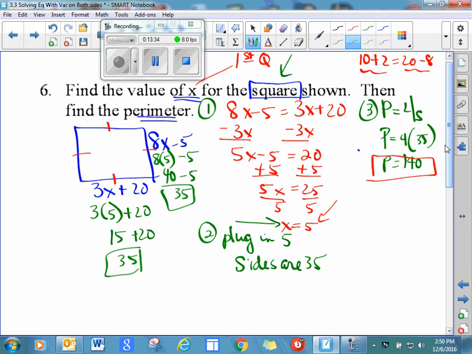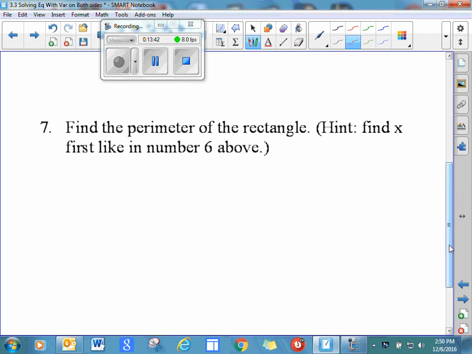Let's see. I think you have another one of these on your note sheet. I'm going to leave that one for you, the other square, and I'm going to go down here and do the rectangle. So your rectangle looks like this. 9x minus 8.